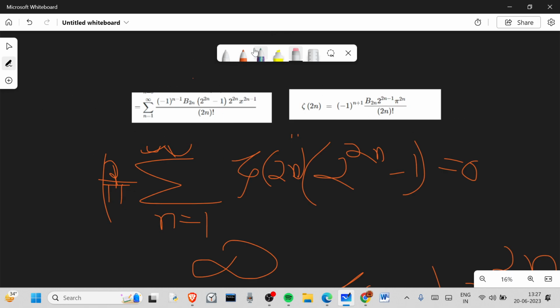What do you feel like? This term is the same, Bernoulli at 2n the same, 2 to the power 2n, I put 2n here and pushed it over here, and then pi by 2n, that means I've put here pi 2n minus 1. Anyways, I did minus 1 plus 1, pi over here, I pulled down 2n factorial, I managed it, 2 to the power 2n minus 1, I managed it.